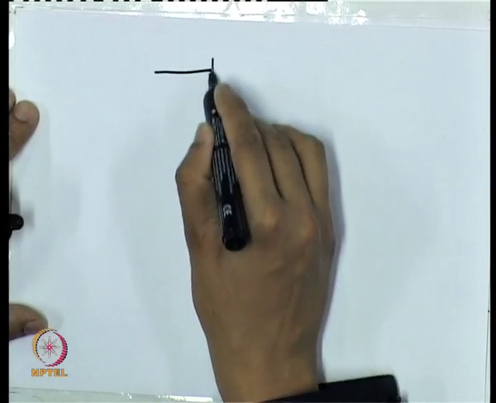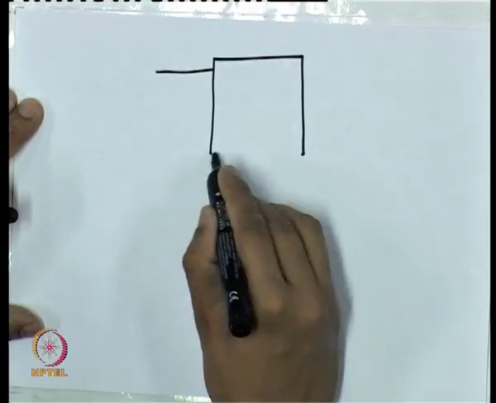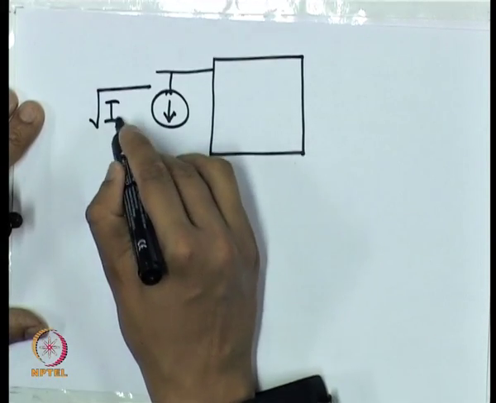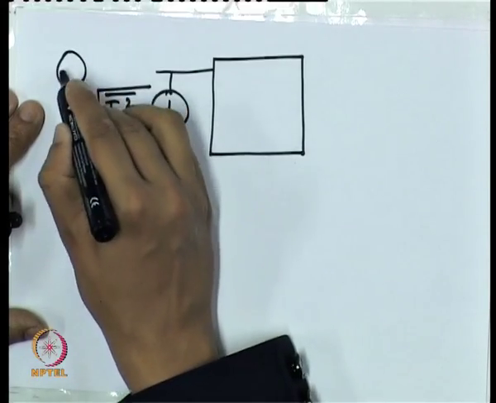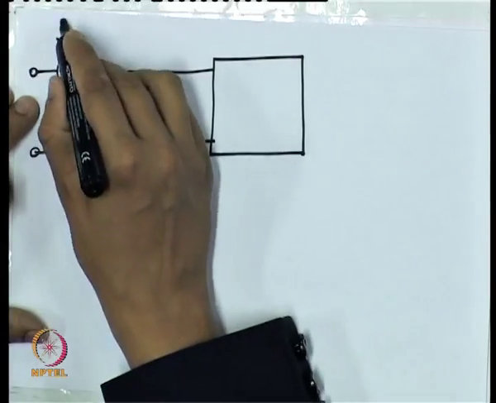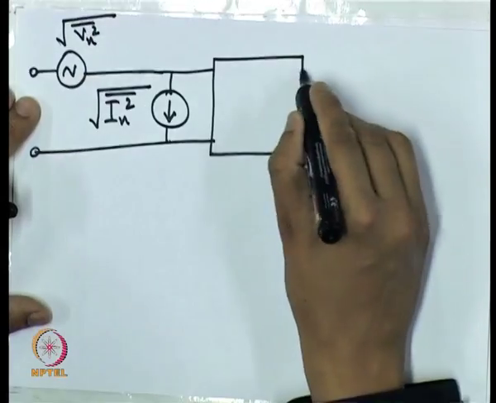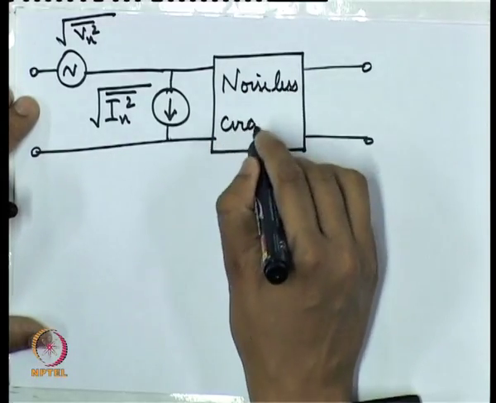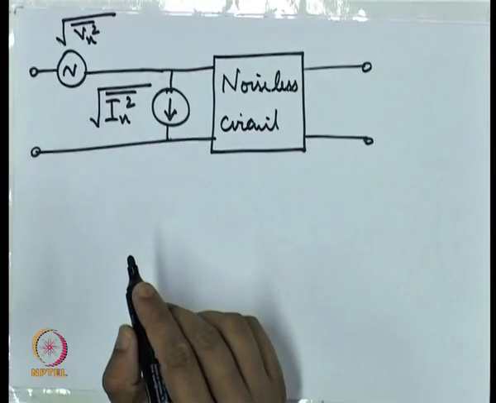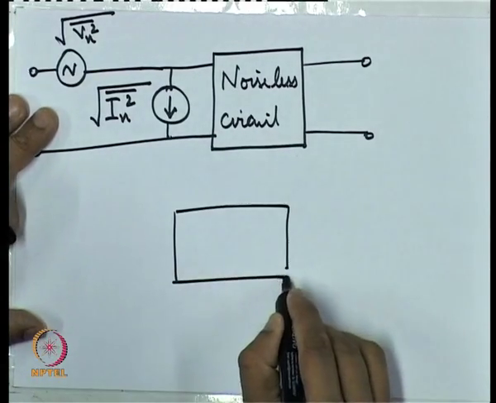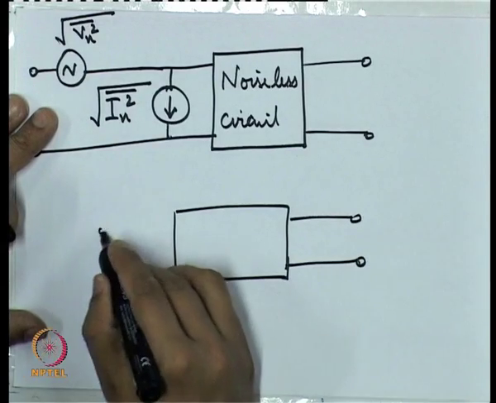For a two-port network like this, say this is a noisy two-port circuit with various noise elements present.